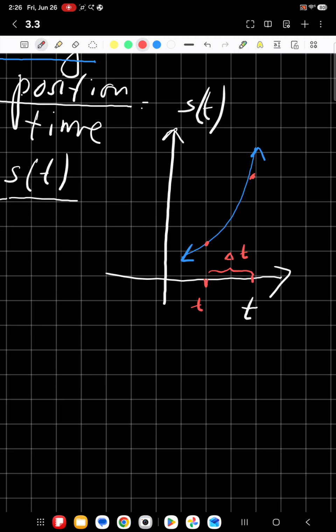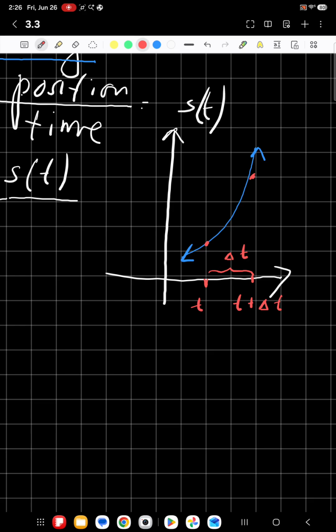The x coordinate of the other point will be t plus delta t. I did the same thing before with x and h, and x plus h.